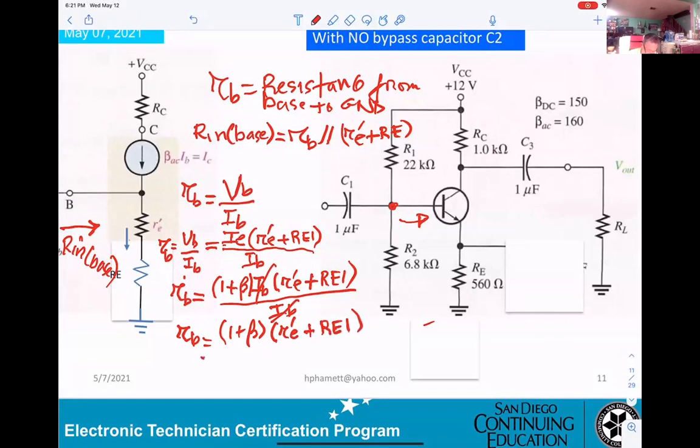And in some different books, they don't care about 1 plus beta. They just use beta times R prime E plus RE1. That will be RB.